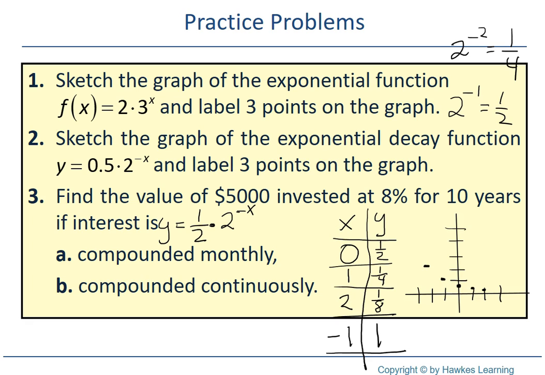So sketching this in, when I plotted these points over here, my curve looks like this. Now your x-axis is still your horizontal asymptote, but instead of it looking like we had earlier when positive values, let me draw a line in red here to show you what we had earlier.